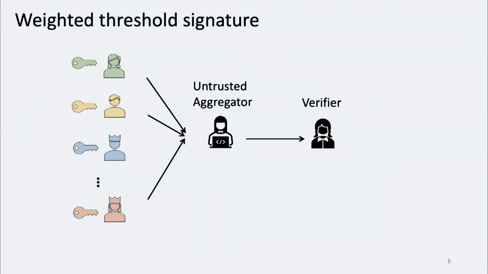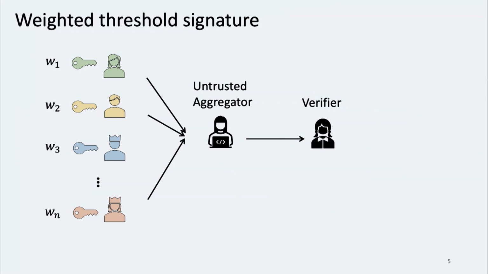But in this talk, in this work, we would like to have threshold signatures with a few extra properties. The most important one for us is weighted signing. By that I mean we will have pretty much the same setup as threshold signatures, but now we no longer treat each signer equally.